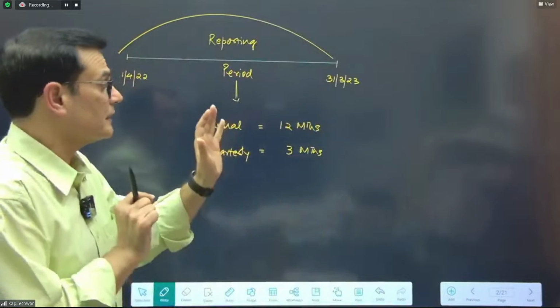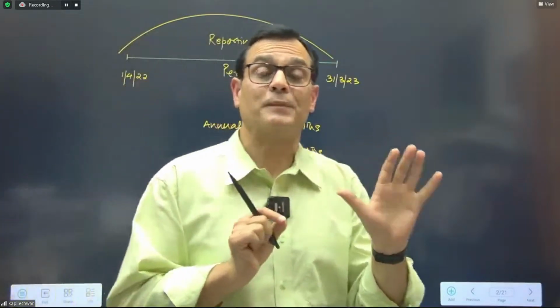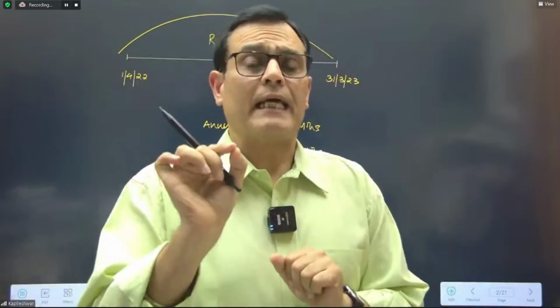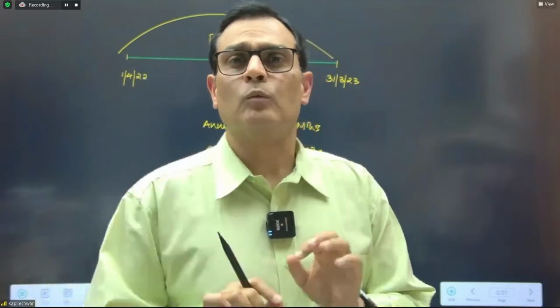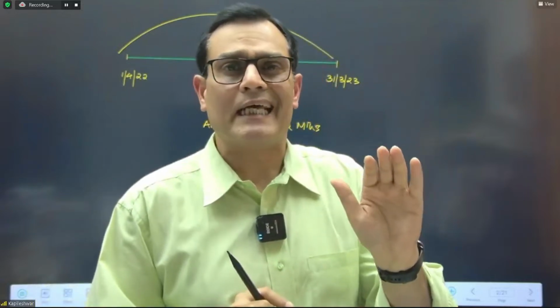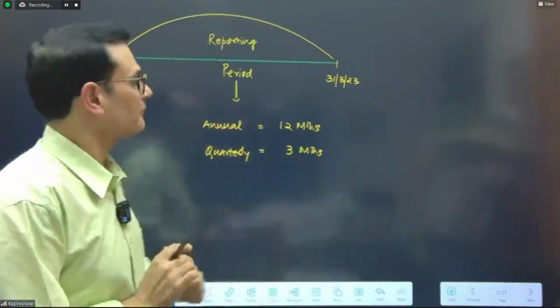The answer is a yes. I hope I am pretty clear on that aspect. So Ind AS 10 is applicable both to companies which make annual financials and companies which make quarterly financial reporting. Okay.